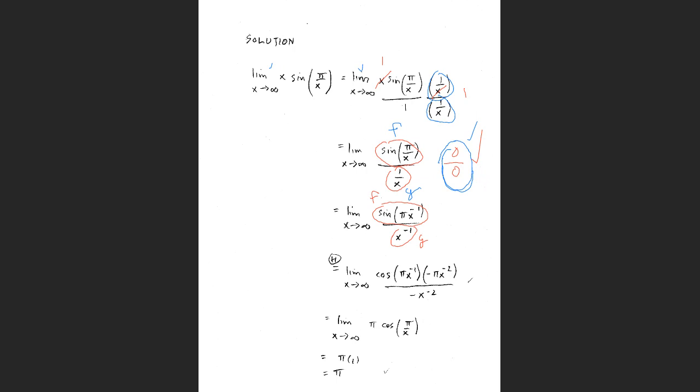And now I will take the derivatives. In the numerator, the derivative of the sine of pi times x to the negative 1, that's f prime. And then the derivative of x to the negative first is negative x to the negative second, that's g prime. Please let me know if you have any questions so far.